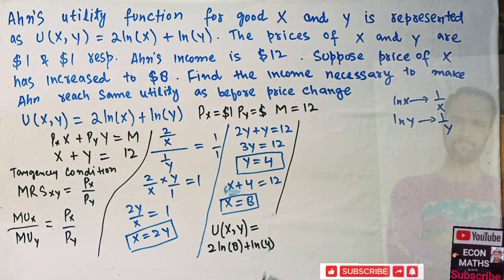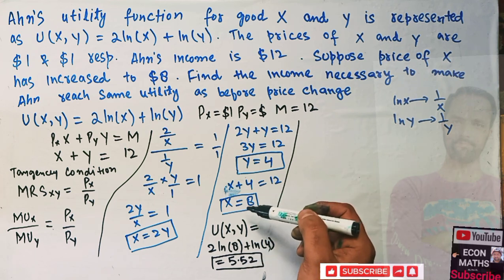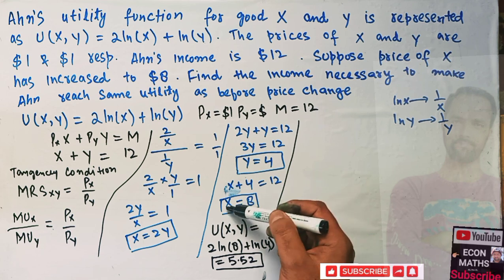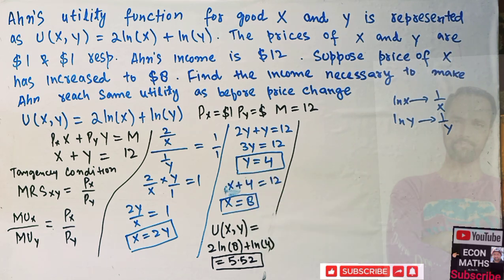When you solve the natural log of 8 and the natural log of 4, you get this whole expression equal to 5.52. So originally he is getting 5.52 utils from consuming 8 units of x and 4 units of y. This was before the price change.